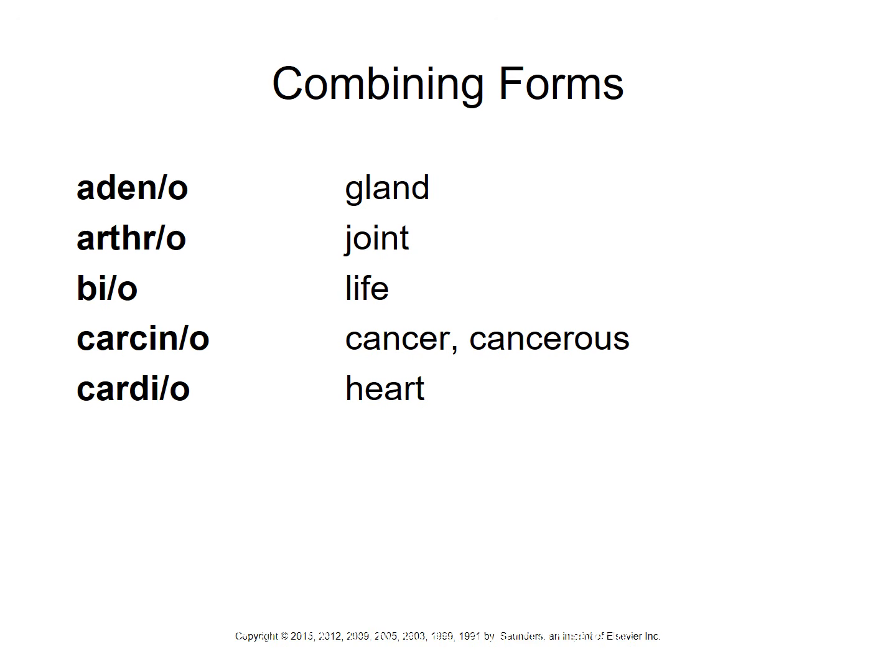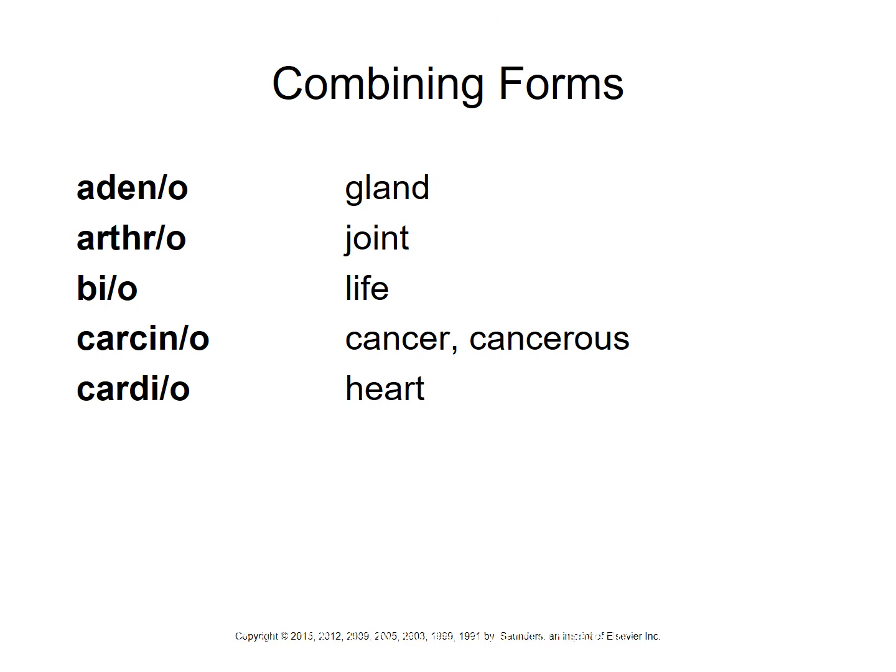I always tell students when they're first learning medical terminology to try and think of a word that you already know. For example, if I look at arthro, what term comes to mind? You may think arthritis. Well, itis means an inflammation of, arthr means joint.